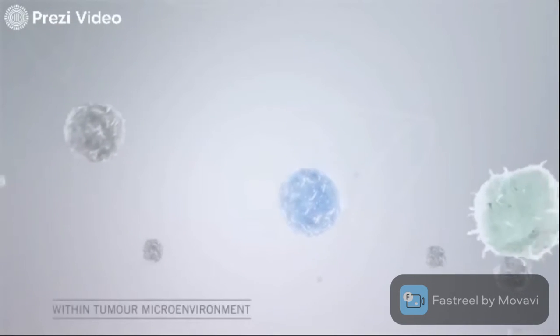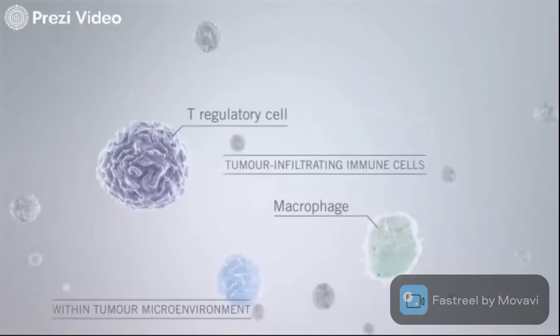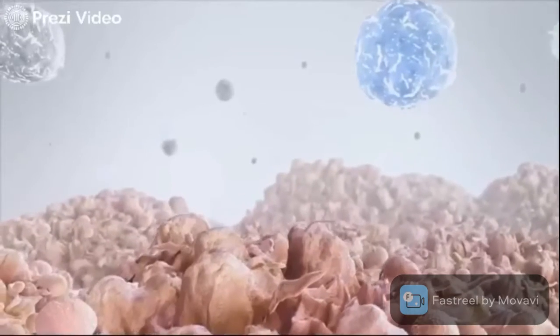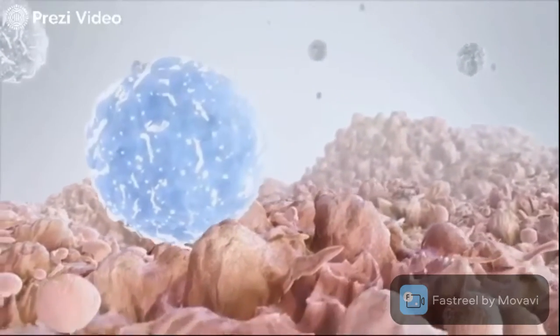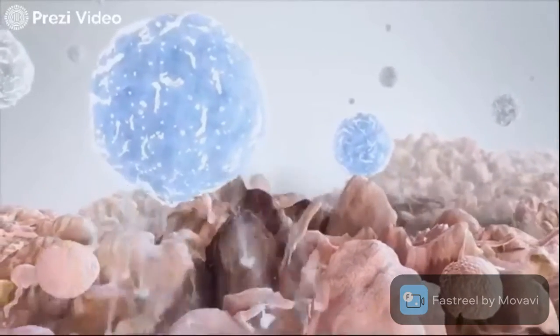They can then infiltrate the tumor microenvironment, which is comprised of tumor cells and other tumor-infiltrating immune cells. Here, the activated T cells detect, bind to, and kill tumor cells.